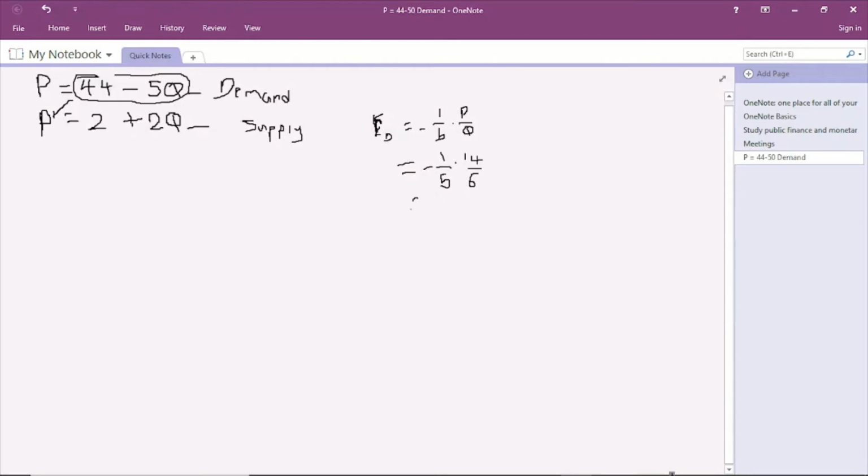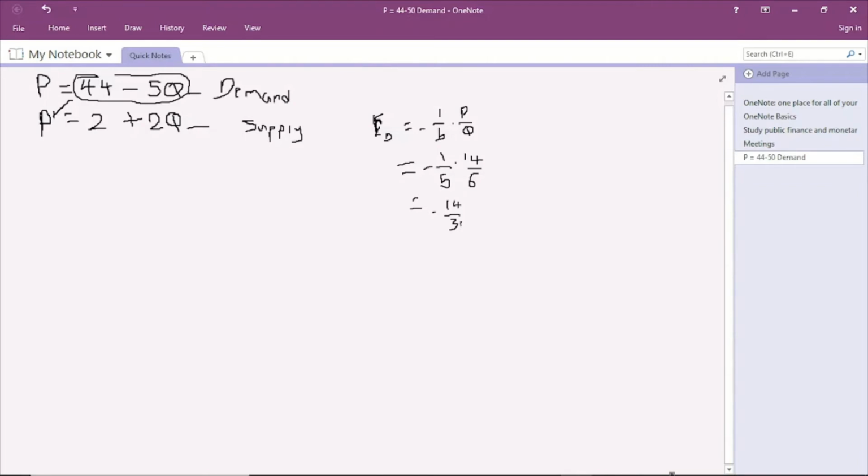So what do you get when you have this? That's negative 14 over 5 multiplied by 6. What are you going to get? You're going to get 30.